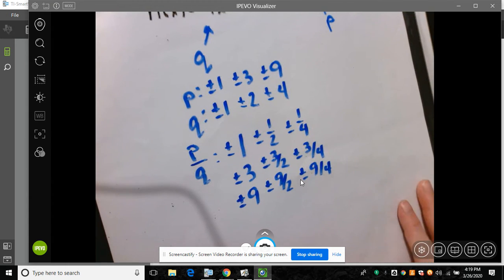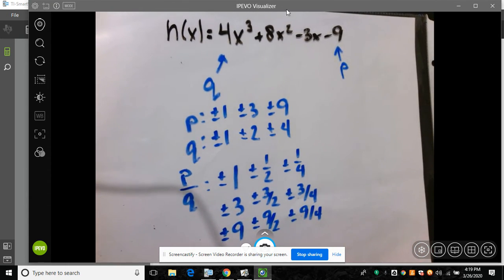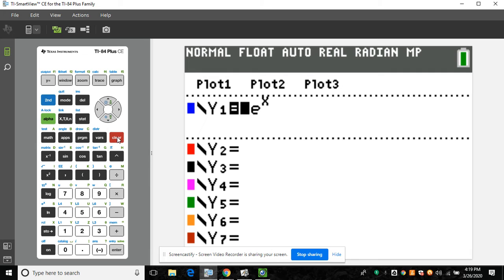So once again, we're going to type the original equation here into our graphing calculator. And I did pop up a graphing calculator here so we can do that. So feel free to pause if you need to.